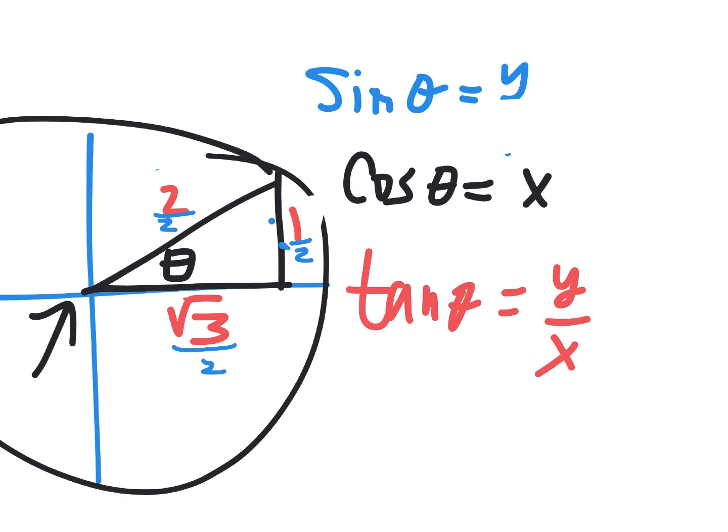Now, let's see if you can put this all together. What's the radius now again? 1. What's sine? What letter? Do you see where the y value is? It's 1/2.